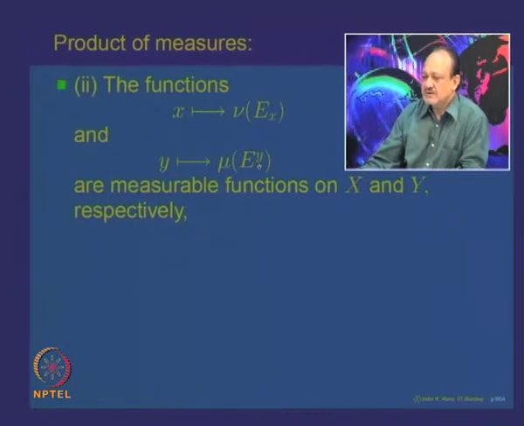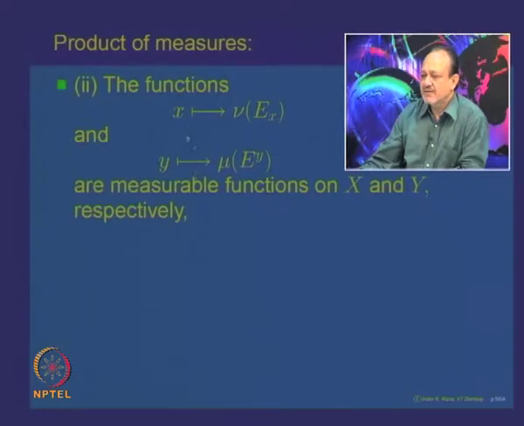This gives us two functions, x going to nu of E_x and y going to mu of E^y. The first is a function on the set X and the second is a function on the set Y. We want to prove that both of these are measurable functions, and clearly these are non-negative functions, so they are non-negative measurable functions on X and Y.